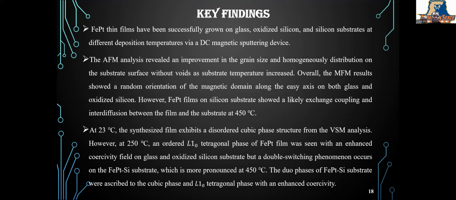The AFM analysis shows uniform distribution of grain on the substrate surface, and the magnetic force microscopy shows the likely dual substructure of soft phase and hard phase structure on the magnetic image. And it shows that the magnetic domains were oriented in the C axis, that is the perpendicular axis.